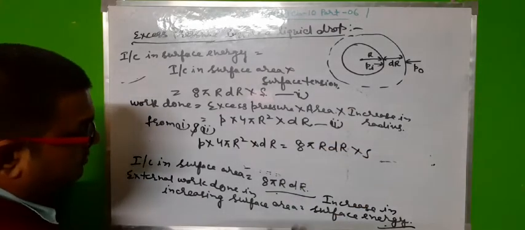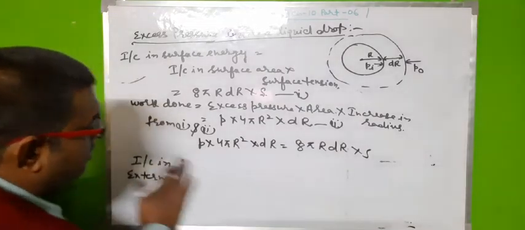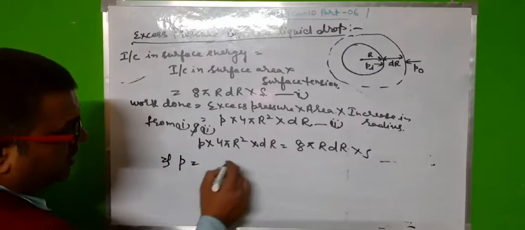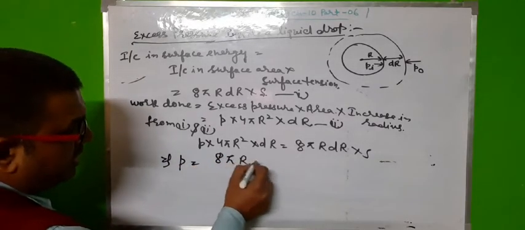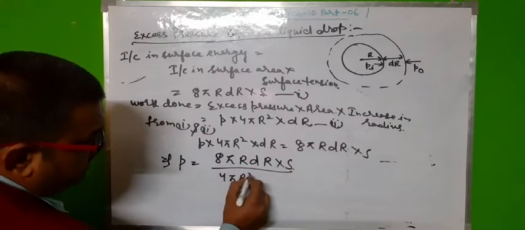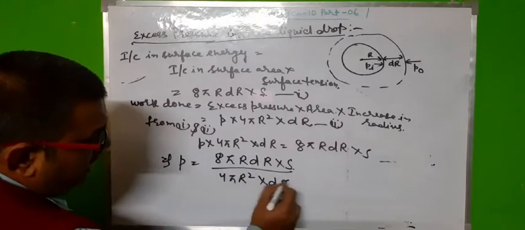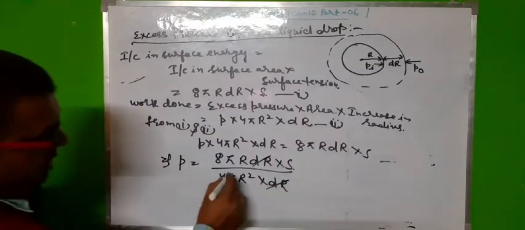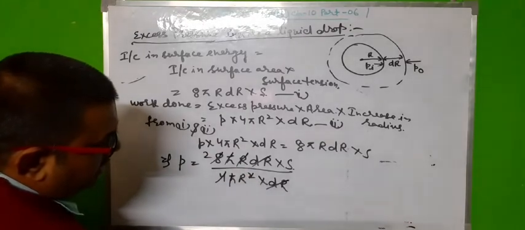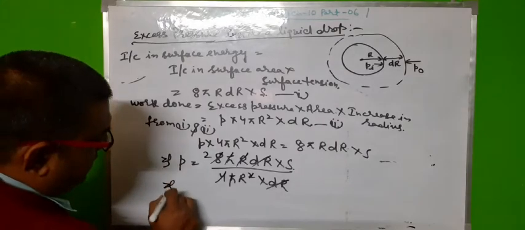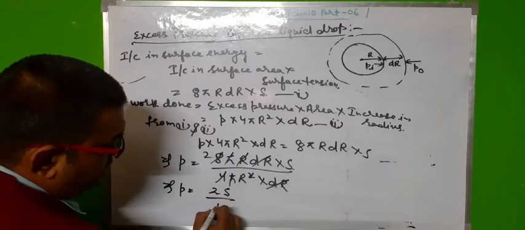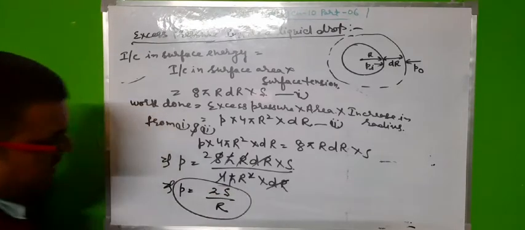So from here we can calculate the value of excess pressure P. Excess pressure P is equal to 8 pi r dr into S upon 4 pi r square into dr. Dr and dr cancel out, pi and pi cancel out, 8 by 4 is 2, r and r cancel, and we get the excess pressure as 2S upon r.